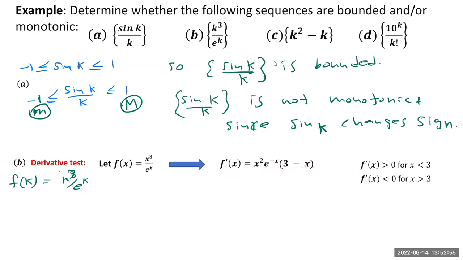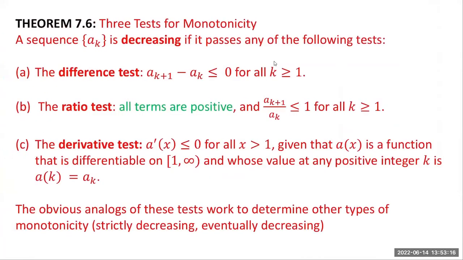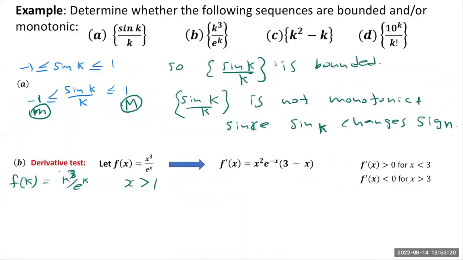Notice that the two terms x squared and e to the minus x are positive anyway, because we are focusing on x values bigger than 1. Remember that the theorem requires us to only focus on x values bigger than 1. Here is where you have a sign change.